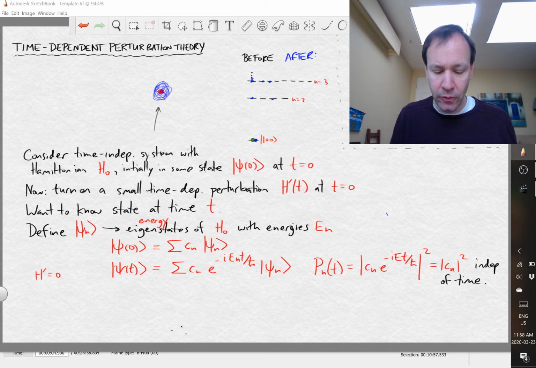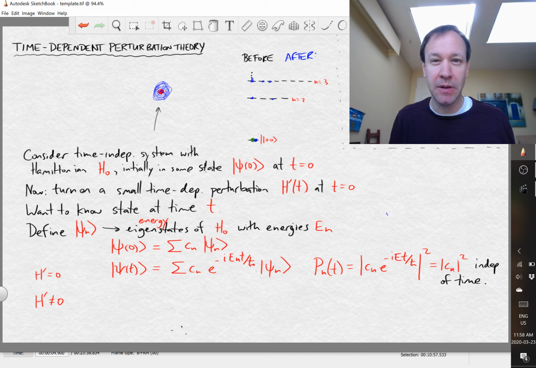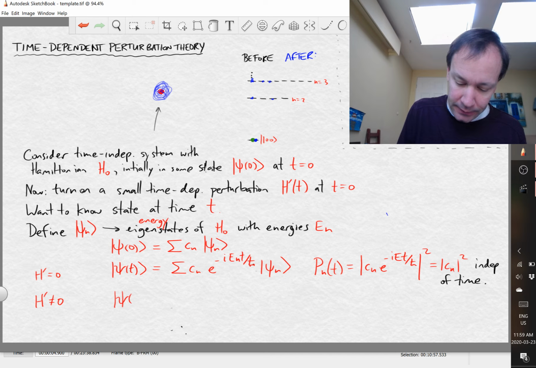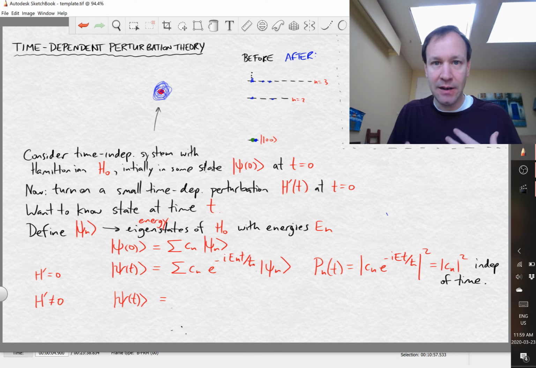Okay, so what about when we actually have the time-dependent perturbation? What about if H prime is not equal to 0? Then we know that we can still write our state at any time as a linear combination of these energy eigenstates of H0. Those are a basis for the system.